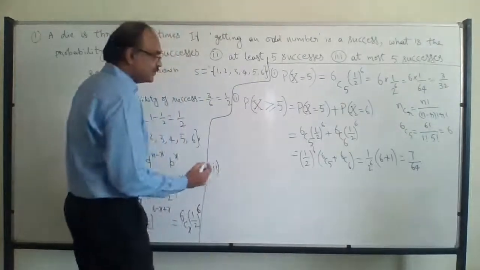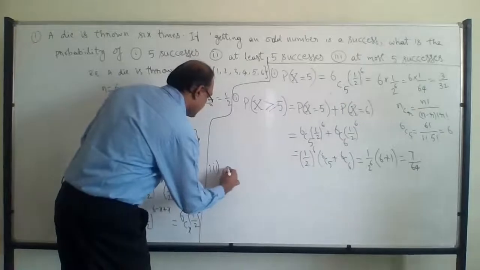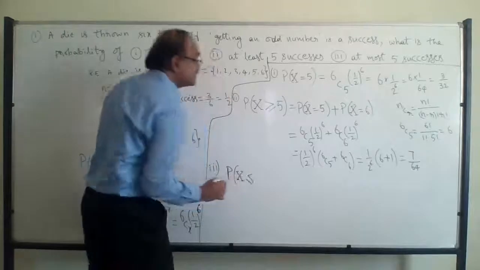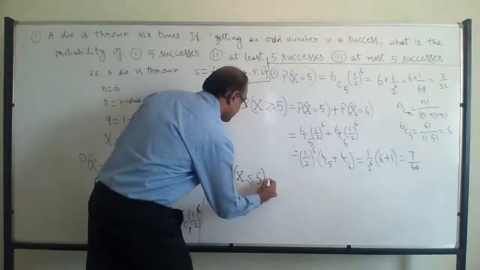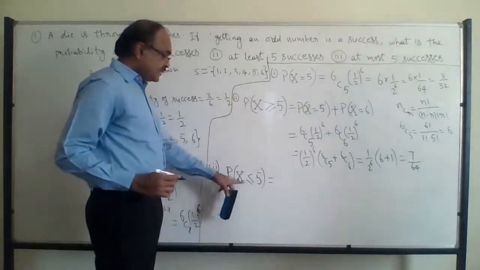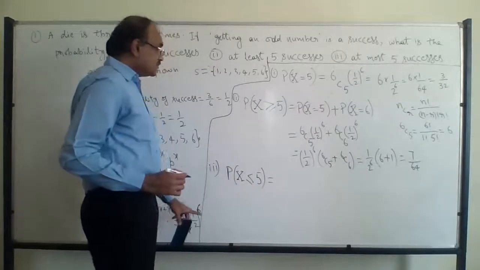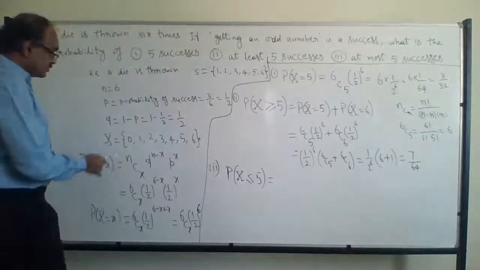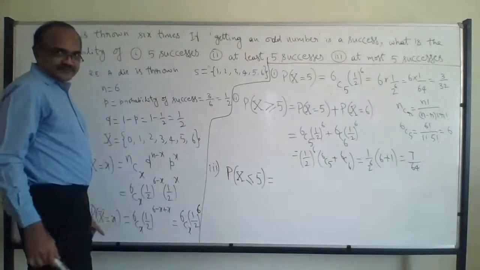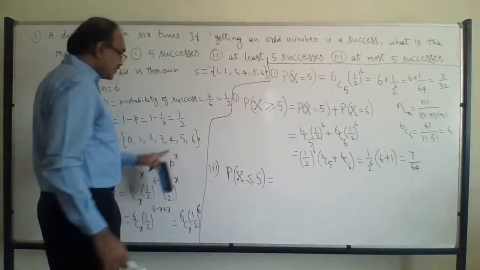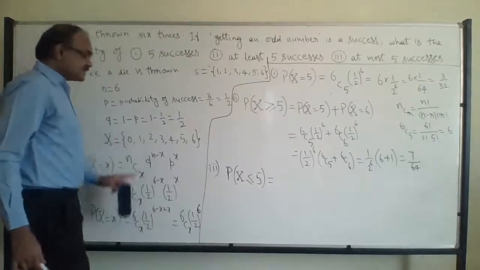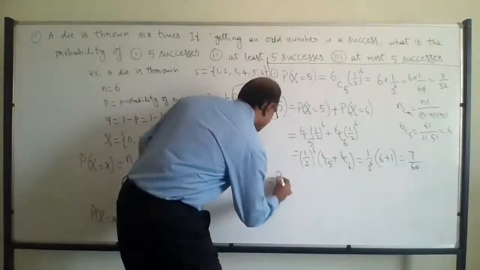Now the last, at most 5 successes. Probability of X at most means less than or equal to 5. So less than or equal to 5 means what? It can be 0, 1, 2, 3, 4, 5, up to 5. Right? So the smart way of doing it is, let me write this for you.